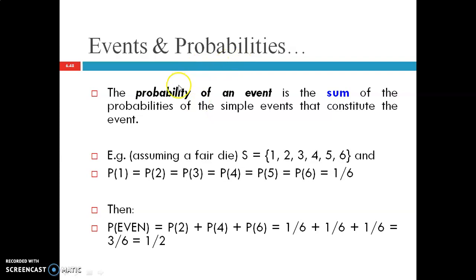Events and probabilities. The probability of an event is the sum of the probabilities of the simple events that constitute the event. Means an event contains simple events, so the addition of all these simple event probabilities is nothing but the probability of the event.